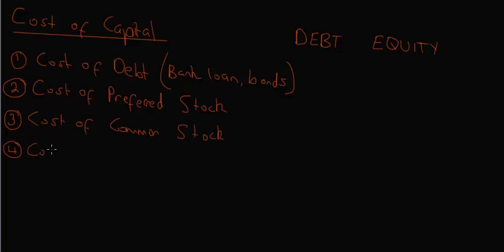And sometimes this gets a little tricky in terms of intuition, because the first question students usually ask is, cost of retained earnings? I mean, they're keeping the money, so why does that have a cost? And over the years, I've found that there are two ways to explain the cost of retained earnings.